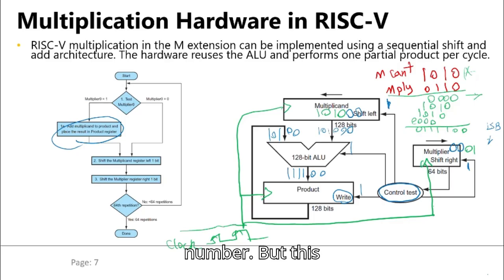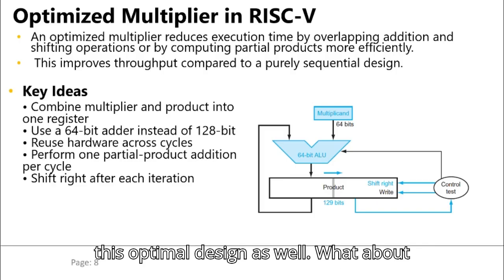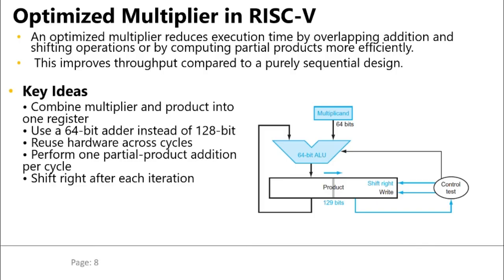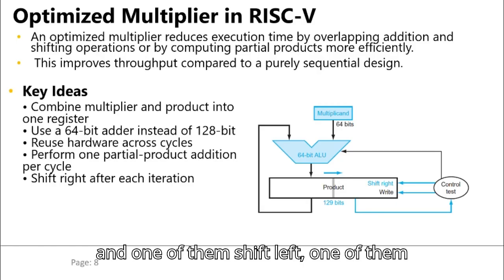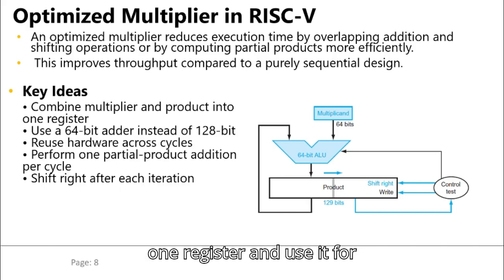But this design is not an optimal design. Before finishing, I'm just going to show this optimal design as well. What about we just had 2 registers, and one of them shifts left, one of them shifts right? What about we just have 1 register and use it for 2 cases?